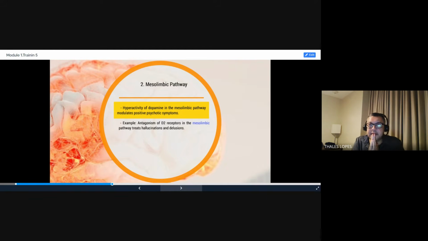Now, remember that when we block D2 receptors in this mesolimbic pathway, it treats hallucinations and delusions. So if the question is about the dopamine pathway, do not answer with acetylcholine.